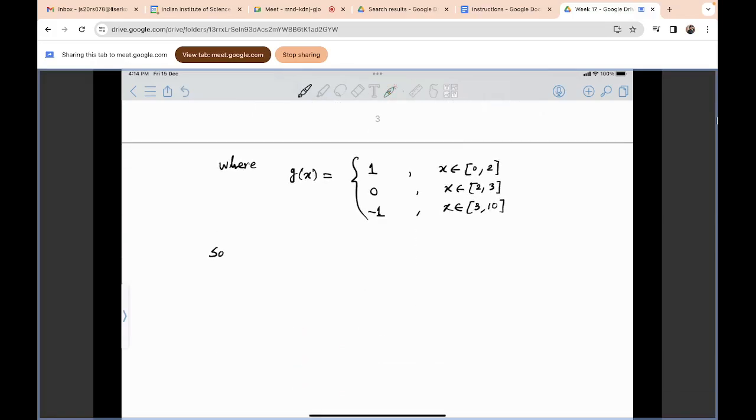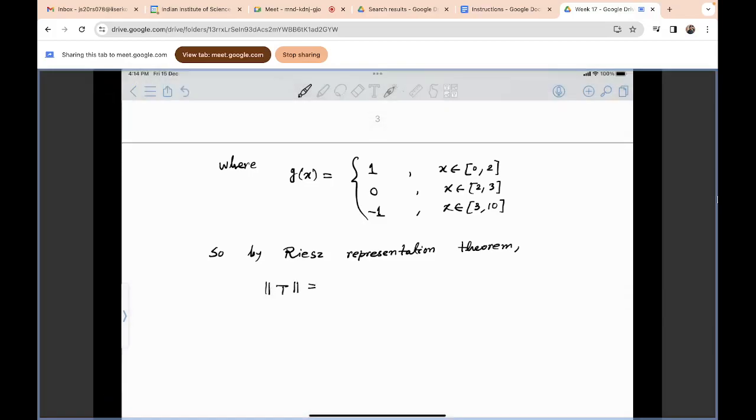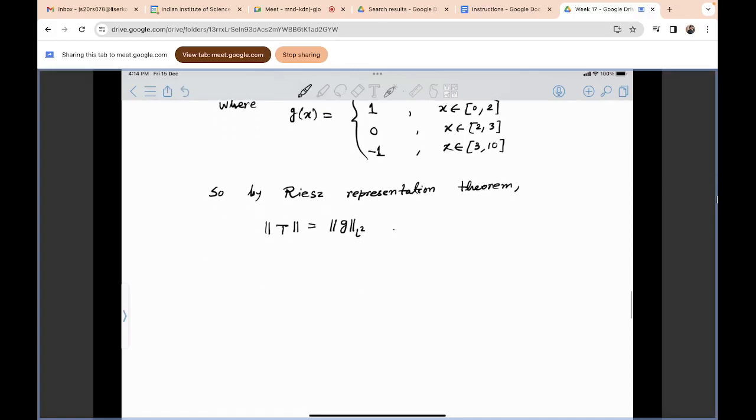So by the Riesz representation theorem, the norm of T will be the L2 norm of g. And what is the L2 norm of g?